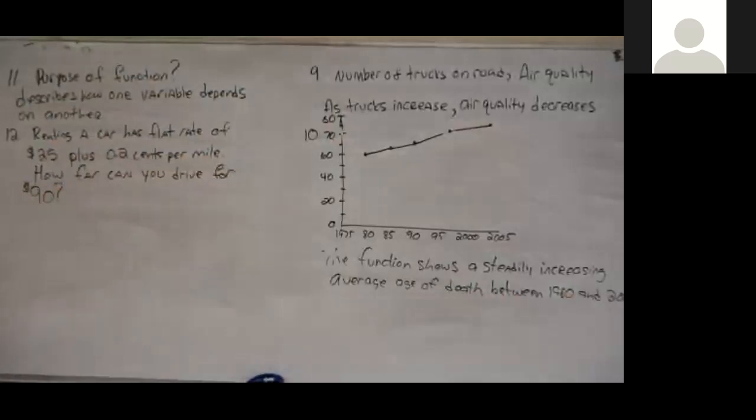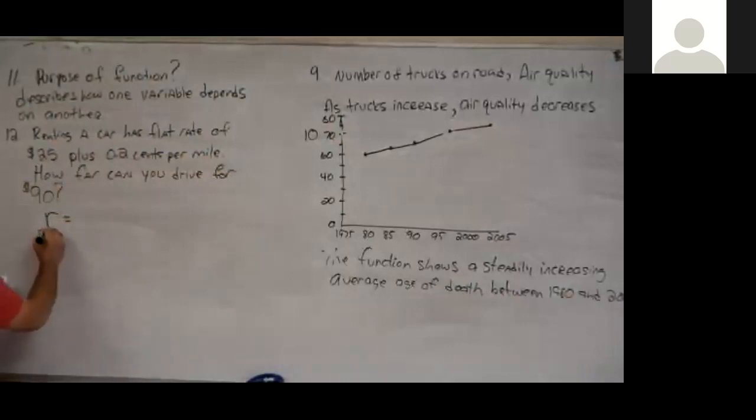So the first thing they did, they wanted me to come up with the equation that I would use to figure that out. So they call it R, which is the rental fee. Sometimes they'll use letters to describe what they're using them for. So on this one, R means the rental fee.